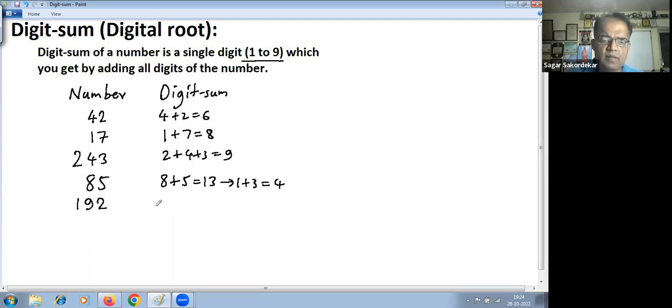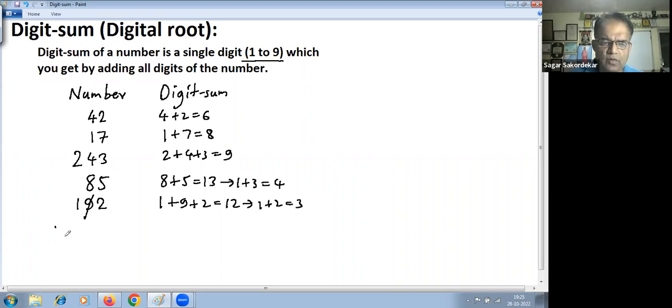If you consider this number, 1 plus 9 plus 2, 10, 12, and then 1 plus 2 gives you 3. Now here is a shortcut. When you have got a 9 or any combinations of 9, you can cancel that. It does not change the digit sum. So cancel this 9 and you can see the answer is the same. 1 plus 2 is 3. Okay.